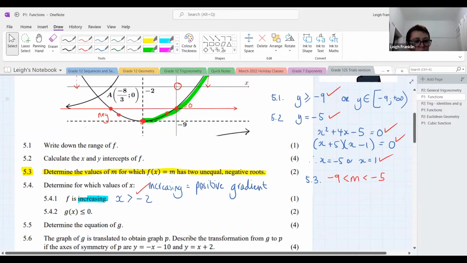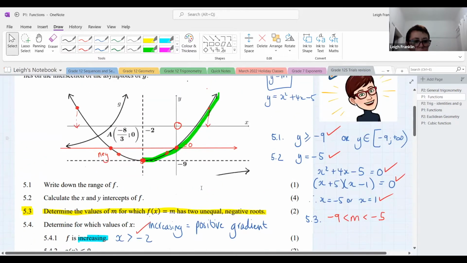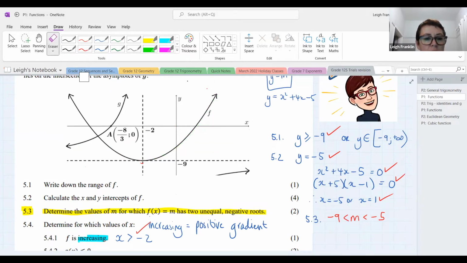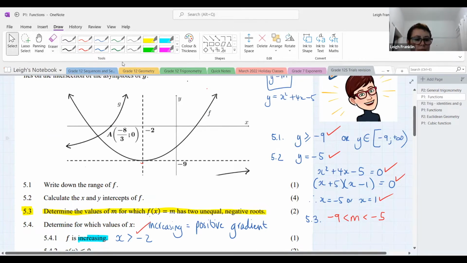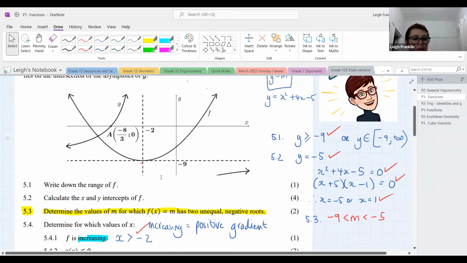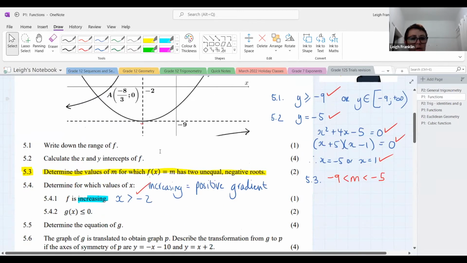Where is g of x smaller than or equal to 0? Let's get rid of all of the red, because that might make things clearer. So what does that mean for us? What are they asking us about here? What does g of x mean?